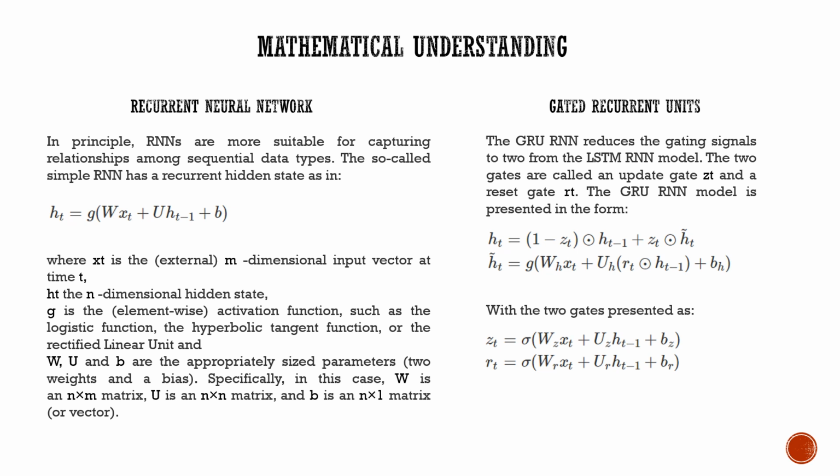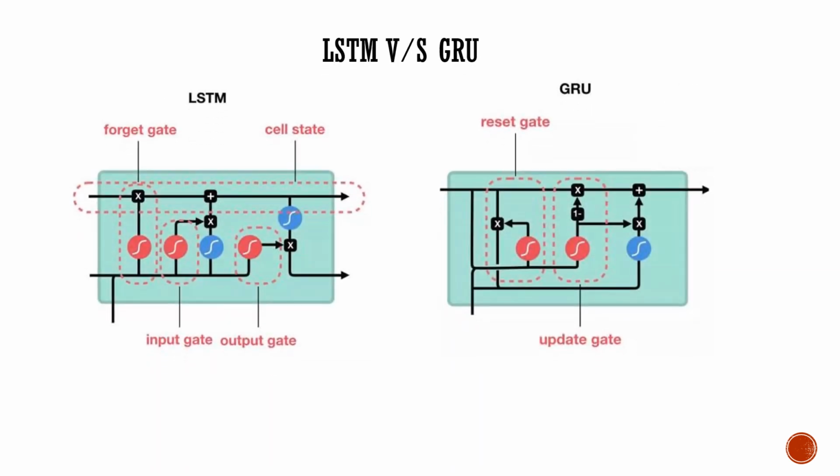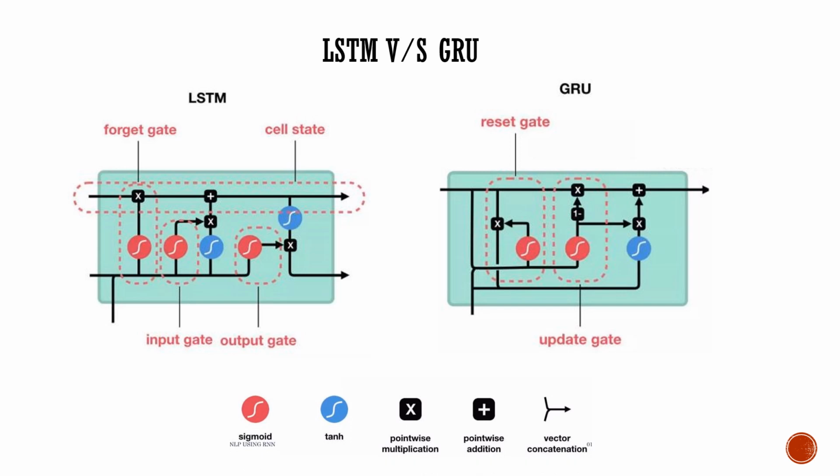On the left-hand side is the basic formula that is used for the output of an RNN, whereas on the right-hand side are the gated recurrent unit formulas. The difference between LSTM and GRU can also be seen through this representation, where an LSTM consists of mainly three gates, the forget gate, input gate and output gate, whereas the GRU is much lighter, consisting of the reset gate and update gate only.